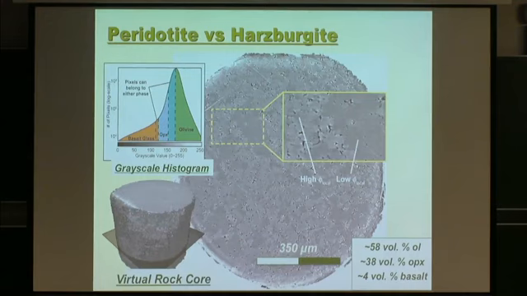So this is the second set of experiments we did. In this case, we use about 60% olivine and 40% OPX, and these are not from grinding materials. We actually start from a mixture of oxides, and then mix with about 4% basalt in this particular case.